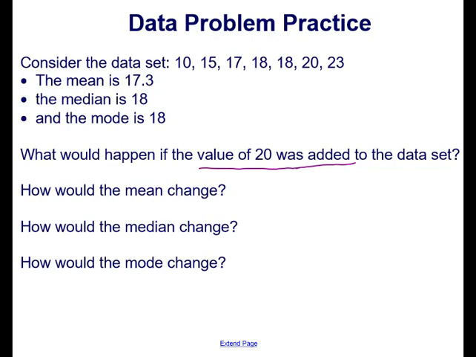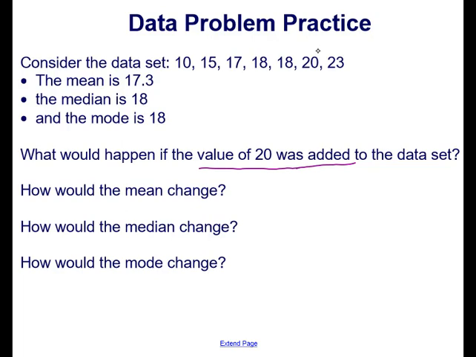Well, you have a mean of 17.3 and we're adding a value that's greater than the mean. We have a median of 18 and we're adding a value of 20, which is greater than 18, and we're changing from 1, 2, 3, 4, 5, 6, 7 data points to a now even 8 data points.